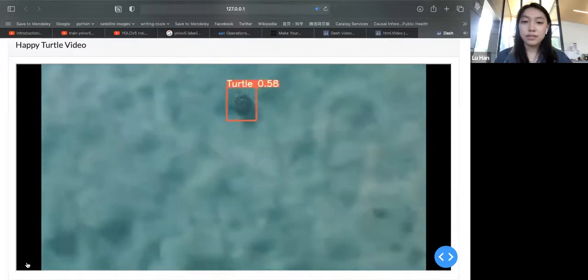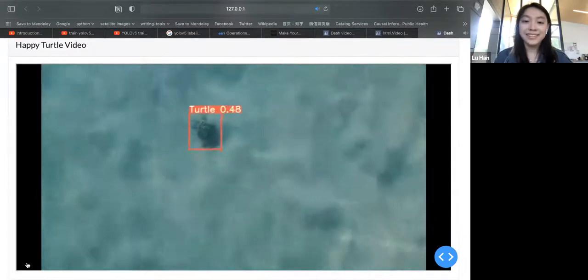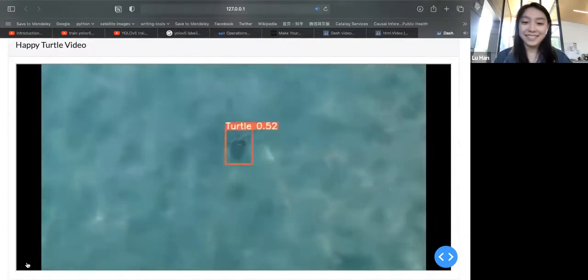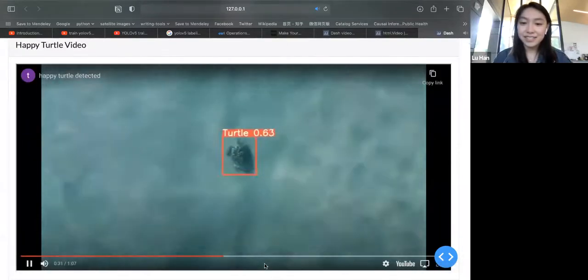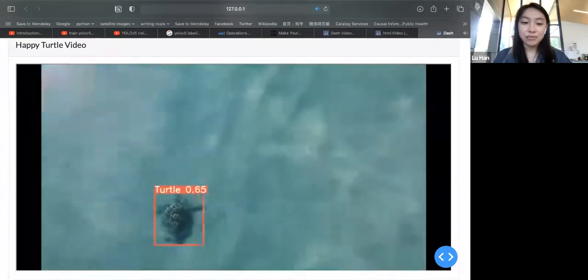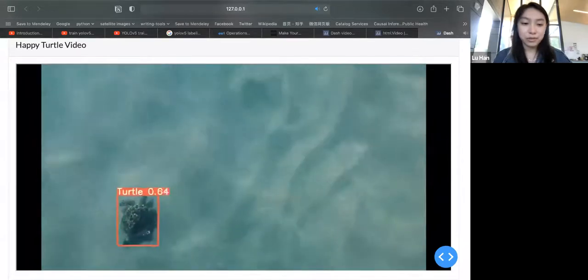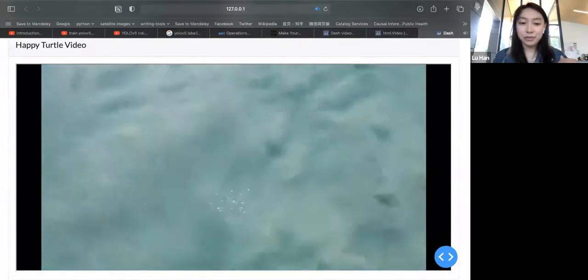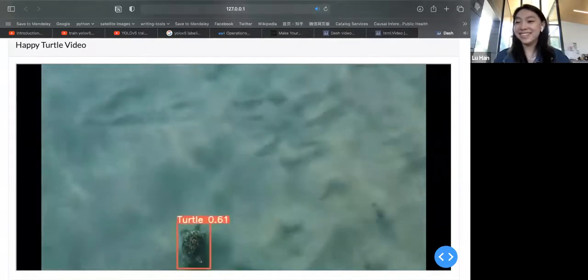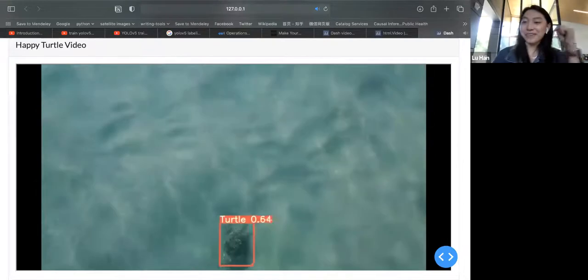It keeps staying here. So here it's about to move away, and the label disappears, and then it will move back in. I think this is the best part of my week.